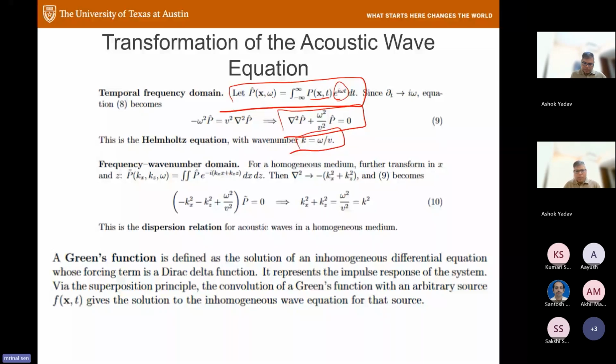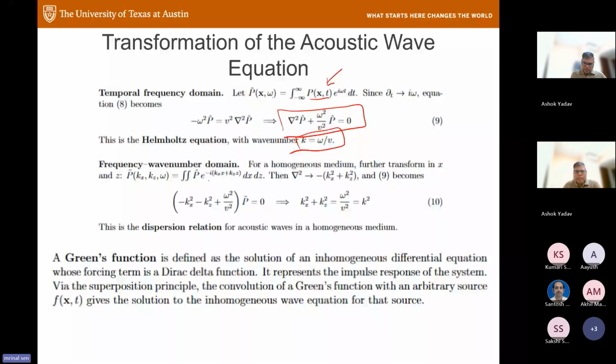Now you can do another transformation from x to kx, which is wave number. So here is your forward Fourier transform going from time to frequency. And in 2D, you have to do a two-dimensional Fourier transform here.